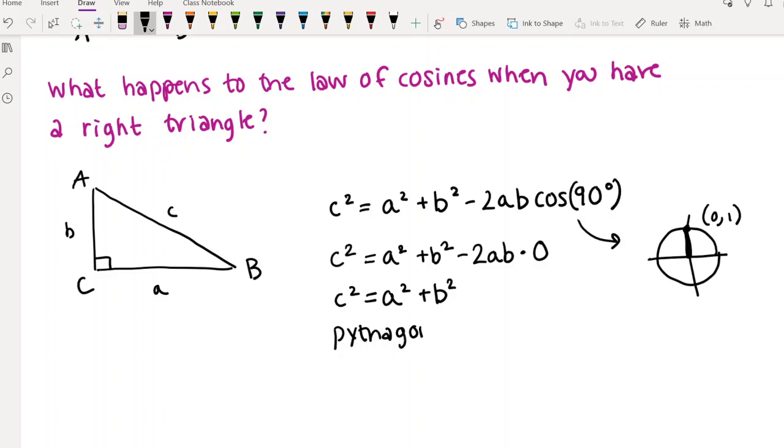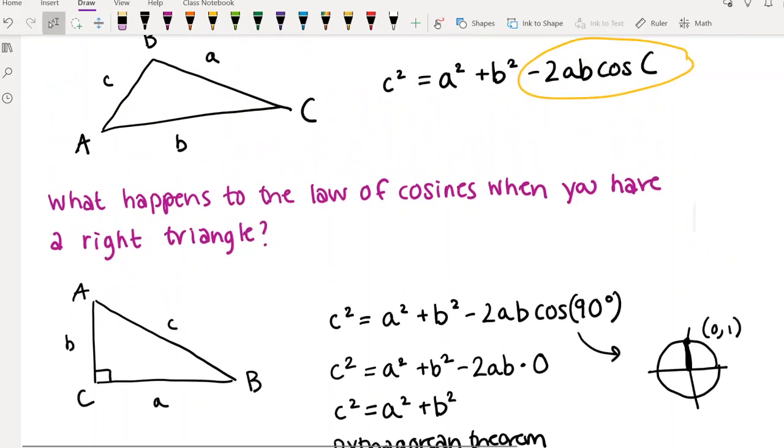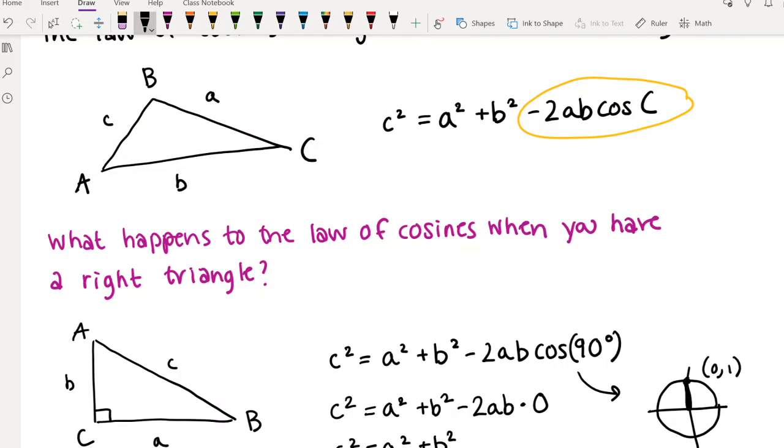So basically my point here is that if your triangle is a right triangle, the law of cosines is actually just the same thing as the Pythagorean theorem. And if your triangle is not a right triangle, you can think, like I said up here, of this 2ab times cosine of c thing.